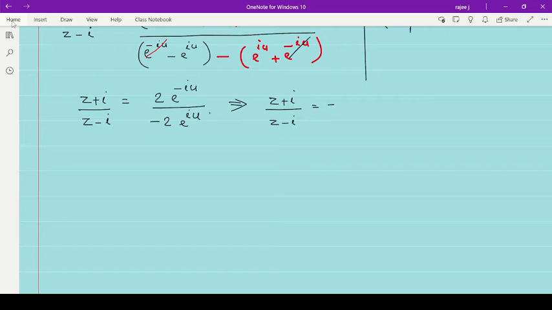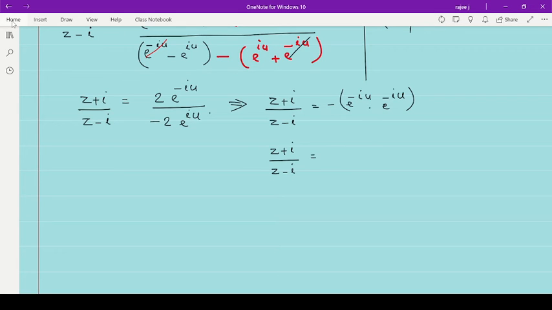This one I am going to take to the numerator, minus sign is there. Then e raised to minus iu is here, and this is e raised to plus iu. When it goes to the numerator, it becomes e raised to minus iu. When you take terms with power to the numerator and denominator, the sign will change. So one negative sign is here. Now z plus I divided by z minus I is equal to, now this is a raised to m into a raised to n form.